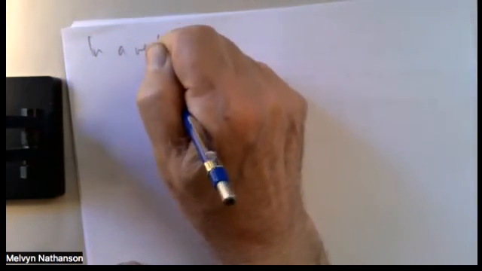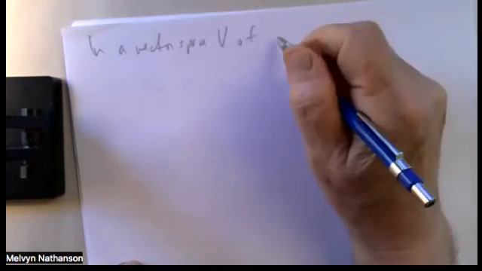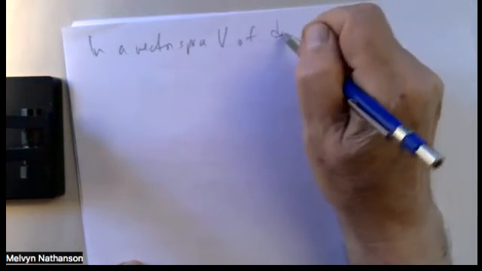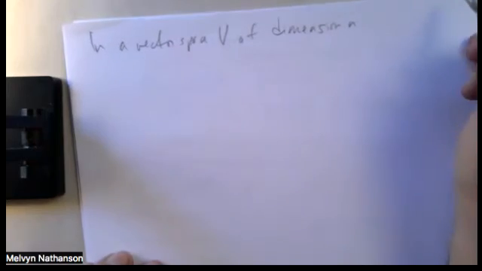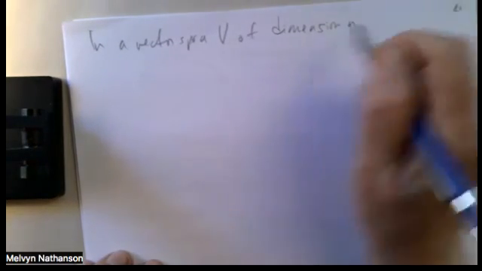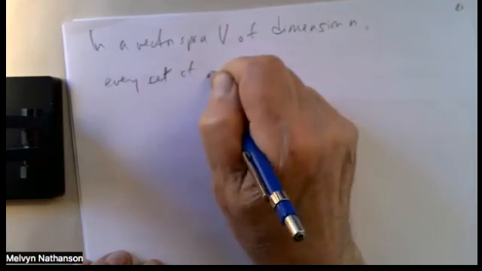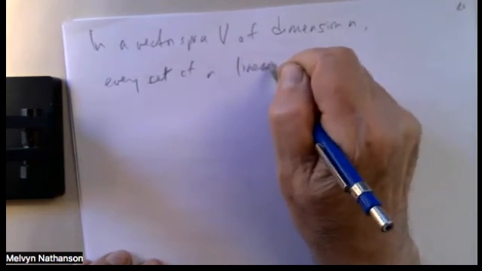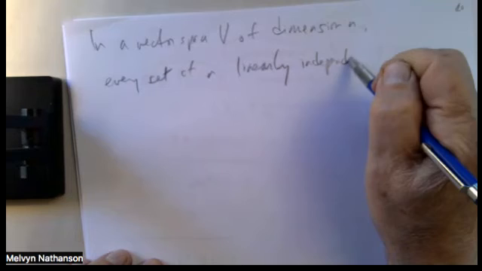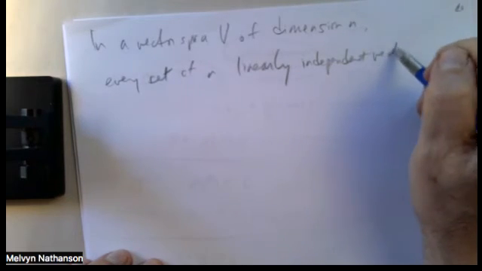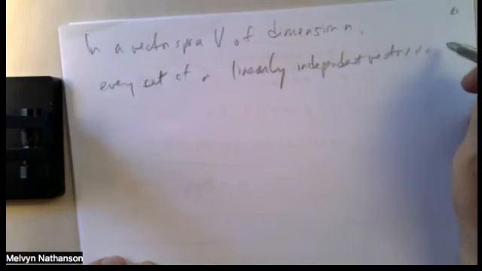In a vector space V of dimension n, every set of n linearly independent vectors is a basis.